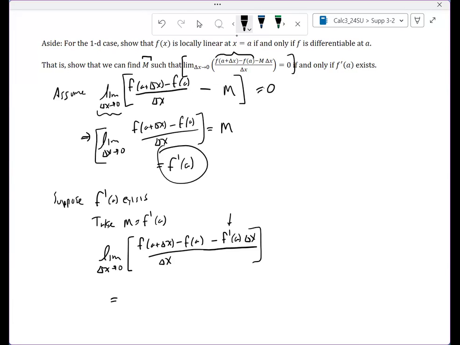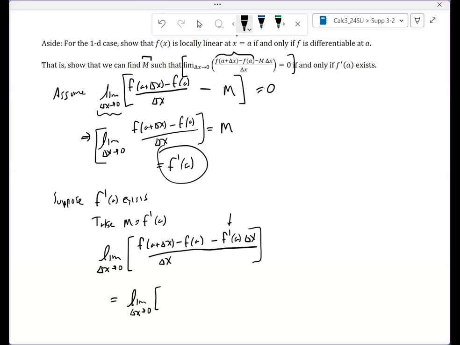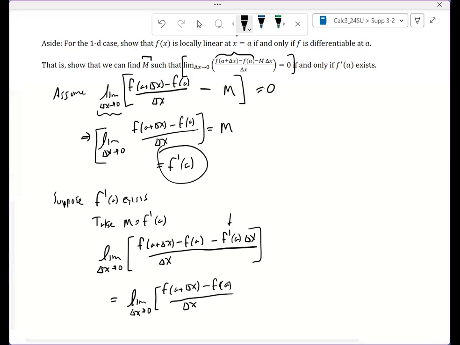I have the limit of the difference of two fractions is the difference of the limits. And again, I can make this minus f prime of a delta x over delta x, or just minus f prime of a.